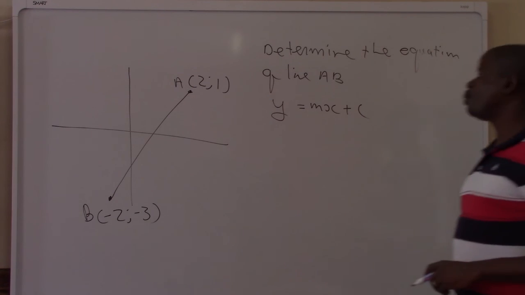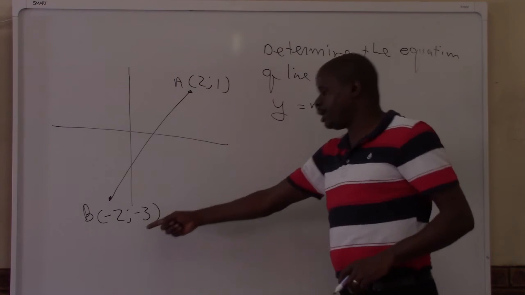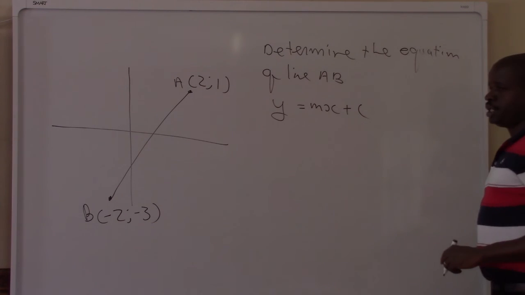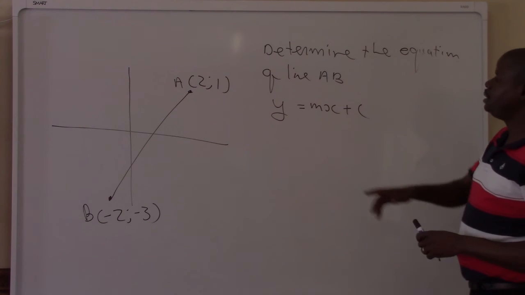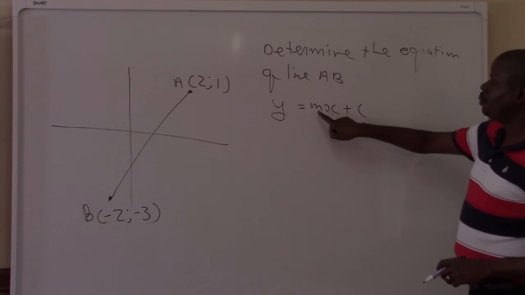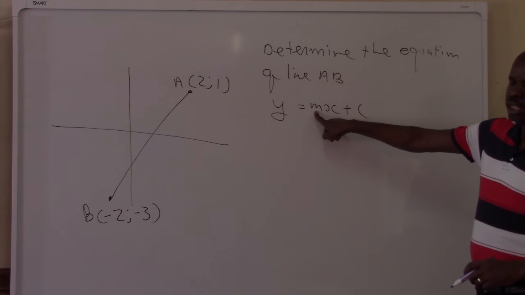We have the coordinates of A and the coordinates of B. Having those coordinates of A and B, first and foremost, we need to find the gradient.